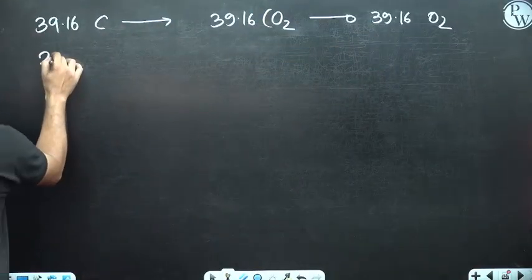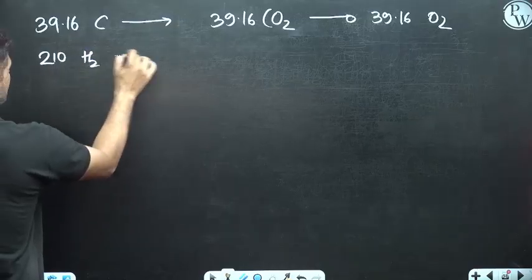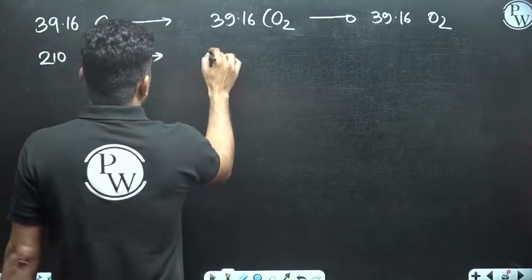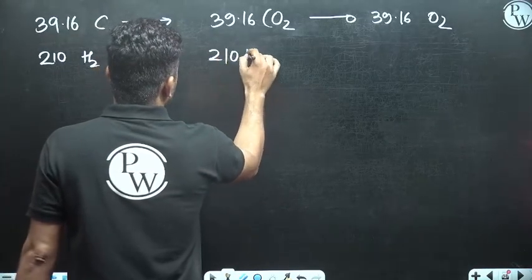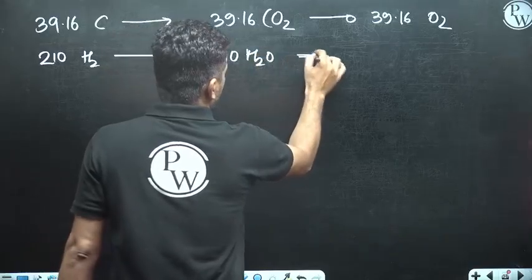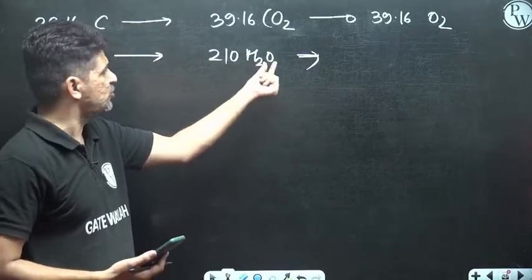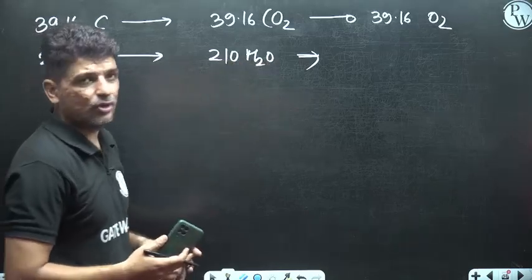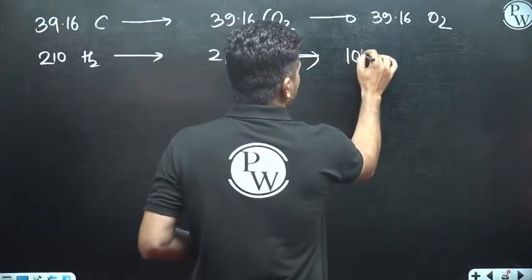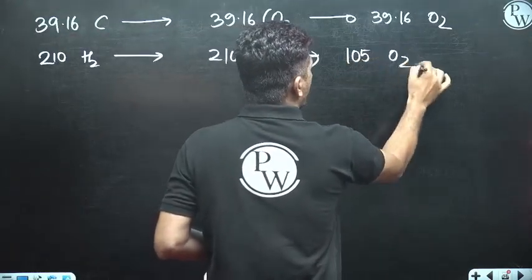Then you have 210 moles of hydrogen. That would combine to produce 210 moles of H2O. If you see H2O, 2 hydrogen is using 1 oxygen. So you can write 210 divided by 2, that is 105 moles of O2.